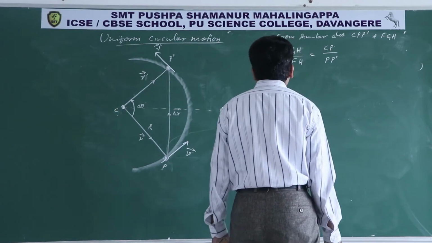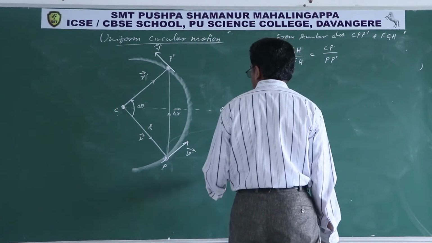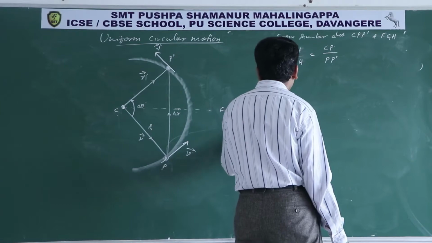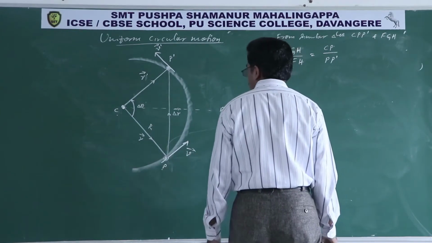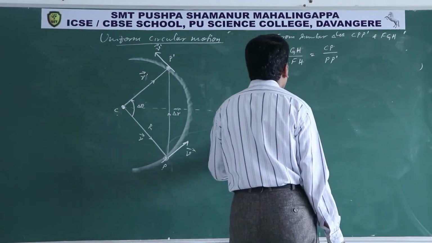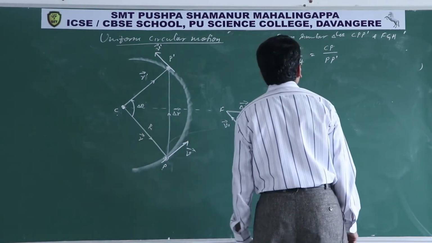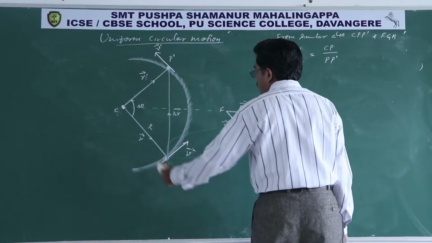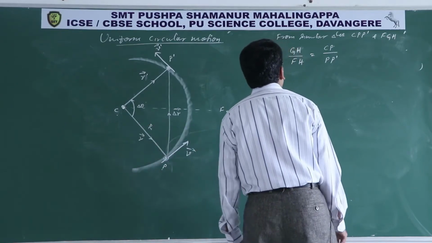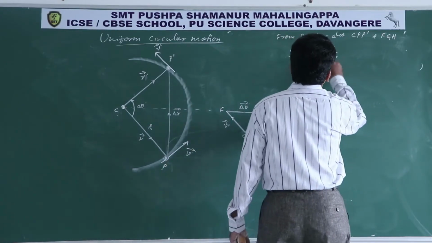Let's see what is GH. GH here is v and FH is delta v. PP dash is delta r. CP is r, and it is always constant.